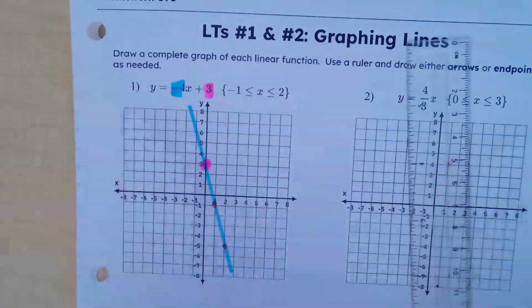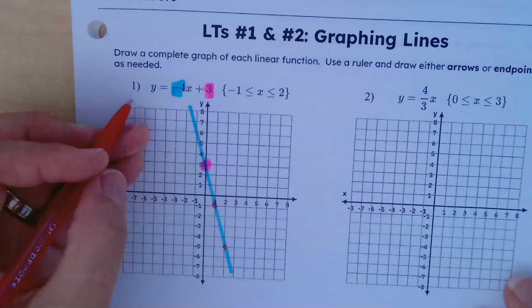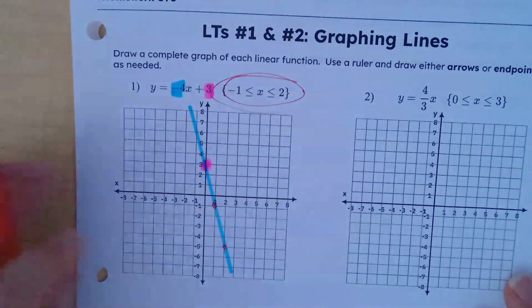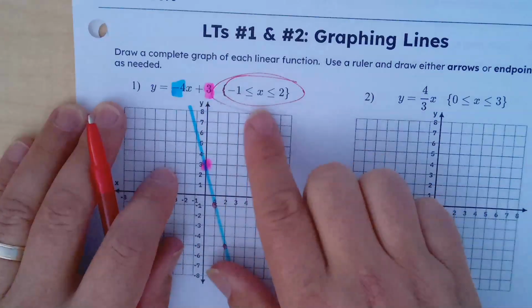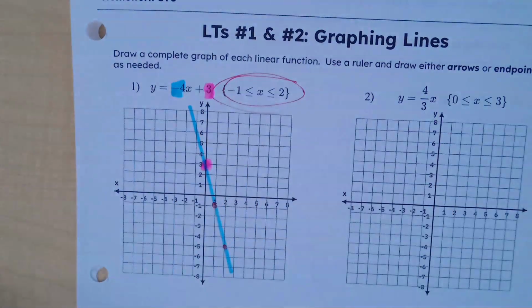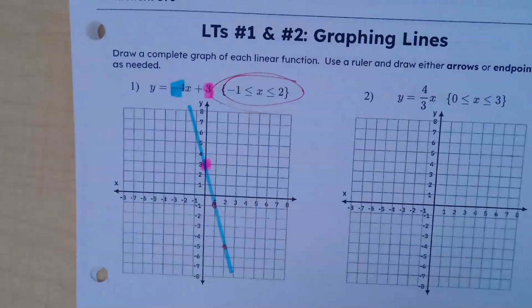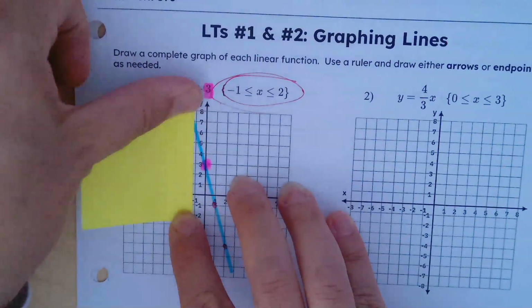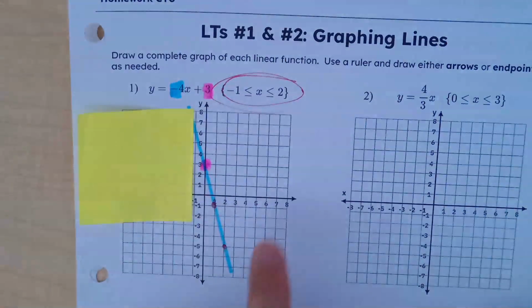Okay? And now we've got something called constraints, and this says that it has to be between -1 and 2. So I'm going to look at my paper, between -1 and 2.